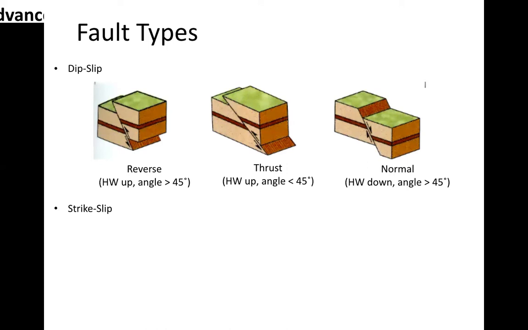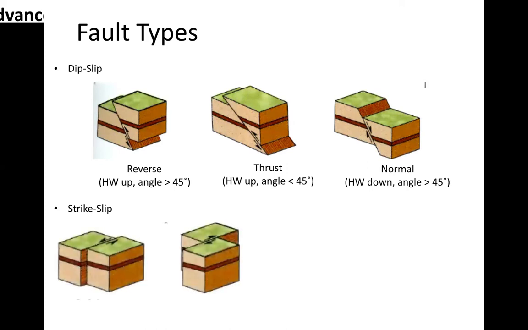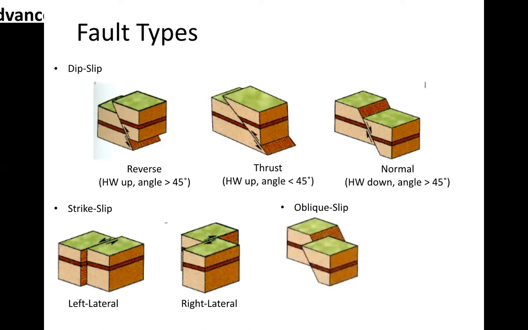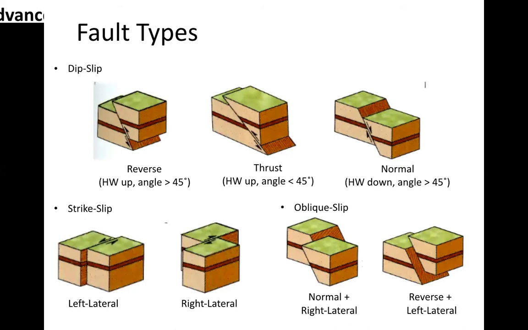Strike slip refers to lateral motion and can either be left lateral, or sinistral, or right lateral, or dextral. And oblique slip is a combination of dip slip and strike slip mechanisms, such as the normal plus right lateral motion here, or reverse plus left lateral here.